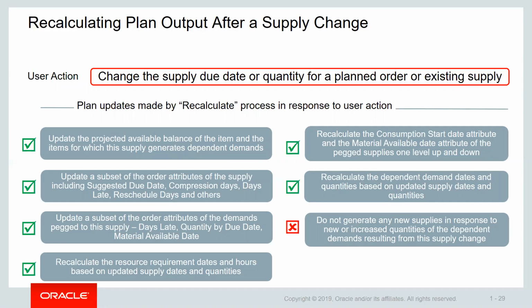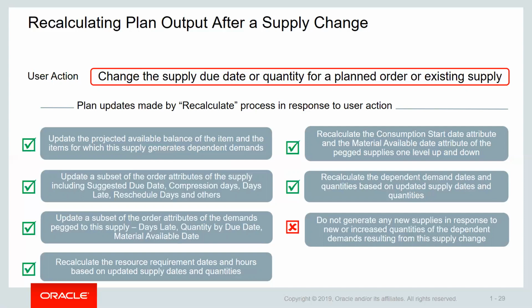Now we are looking at how the recalculate process affects the plan when user changes a supply due date or a quantity for a planned order or existing supply. Similar to what I said before, the recalculate function updates the projected available balance of the item and the items for which this supply generates dependent demands.